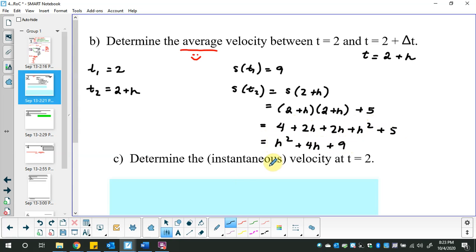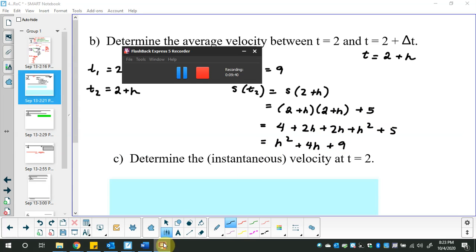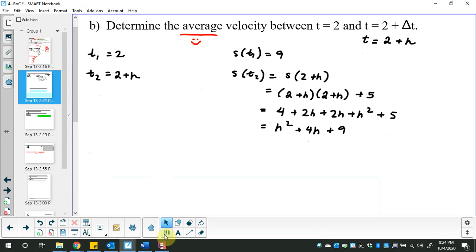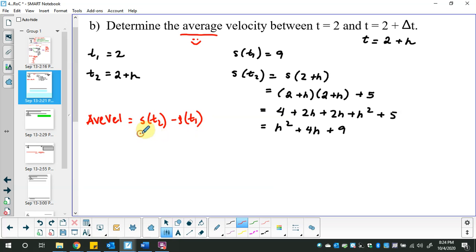Now, I'm running out of room, so I'm going to take a little break here for a sec and move my stuff around. All right, so moved around. I am doing average velocity, which is the equivalent of slope of the secant, only with a different label here. Here's the formula, in case you need to write it down over and over again.